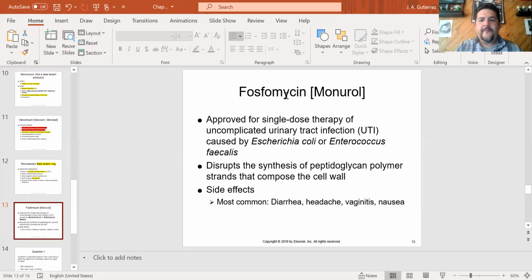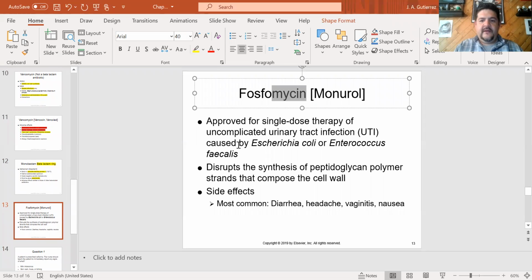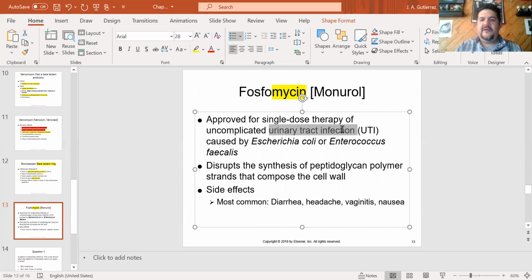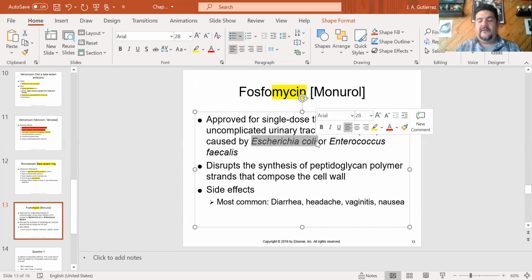Okay, and then we have fosfomycin. So again, this is not part of the beta-lactam ring family, but just like vancomycin, it also destroys the cell wall of bacteria. And this one has a very specific indication: UTI, urinary tract infections, caused by E. coli or Enterococcus faecalis.